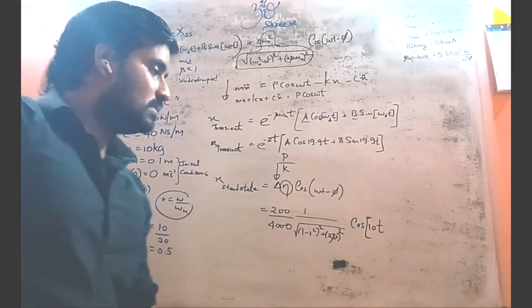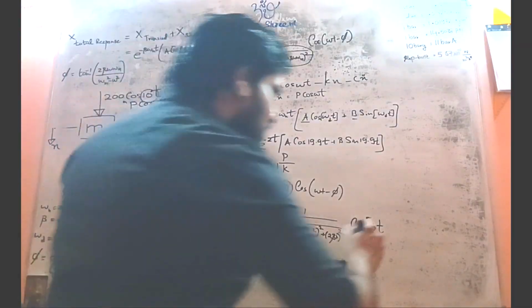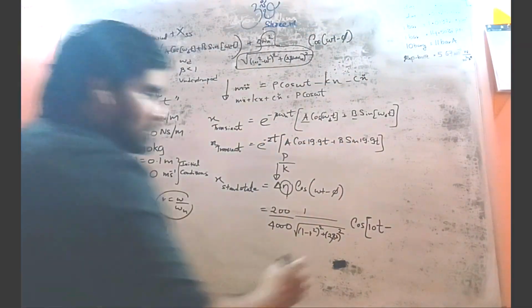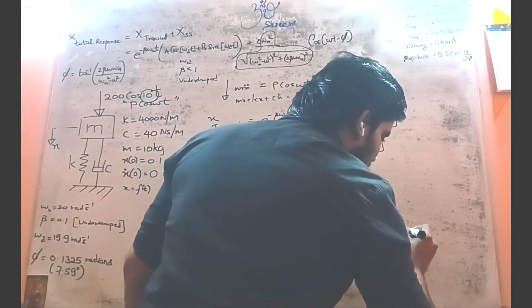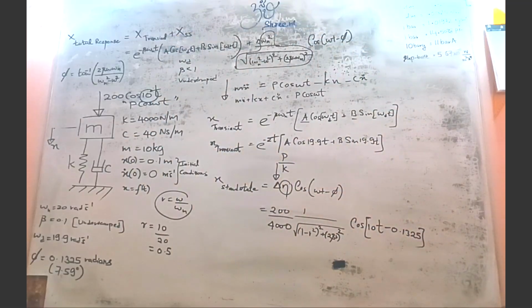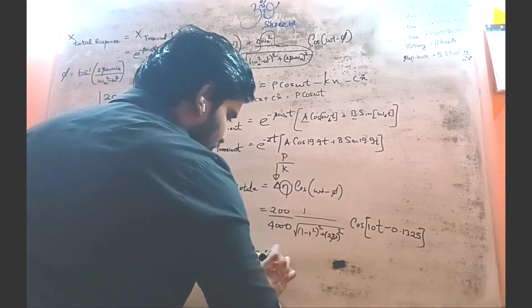Don't forget to put the bracket separately for the cosine angle. So 10t minus 5. 10t minus 5, what is the value? 0.1325. All right, so now let's write these values again.